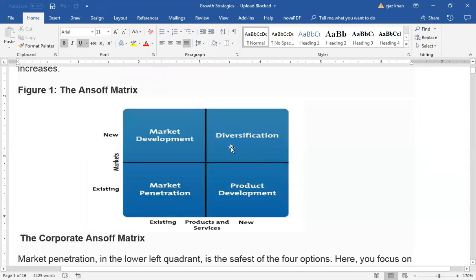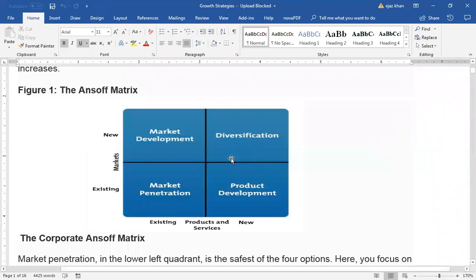So if the policy succeeds, then it can be very profitable, but it will be a very risky policy because you're entering a new market and you may not be known there, and you are offering a new product, and there will be a high risk of failure of the product because it's a new product. People may like it or people may not like it.